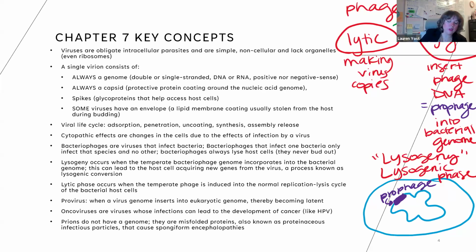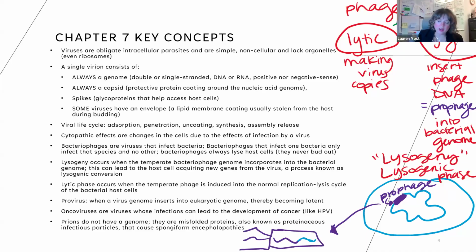Okay, sometimes whenever that prophage comes back out, let me draw it for us so that we don't get lost in this. If that prophage comes back out to be lytic again, and we take our gene out and we bring with us some of that host bacteria's gene, and we package it up into our little phage structure, and then it goes and infects a new bacterial cell.